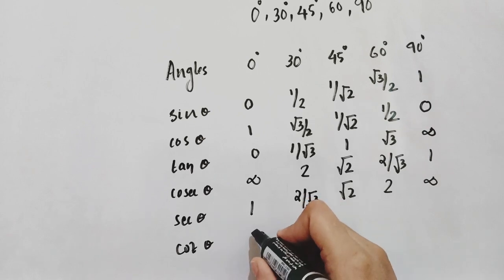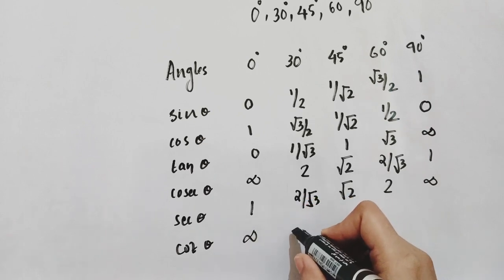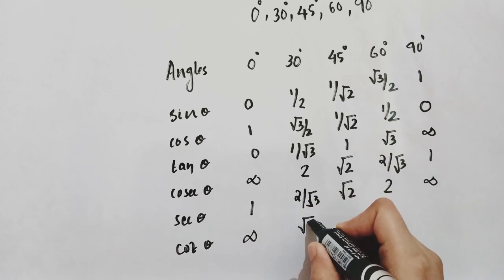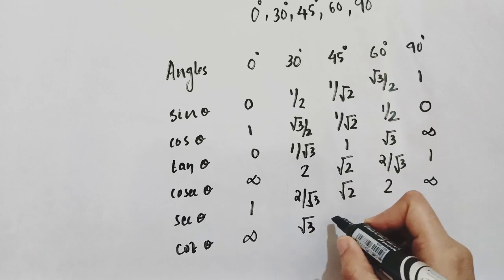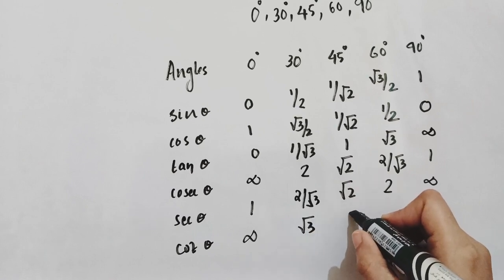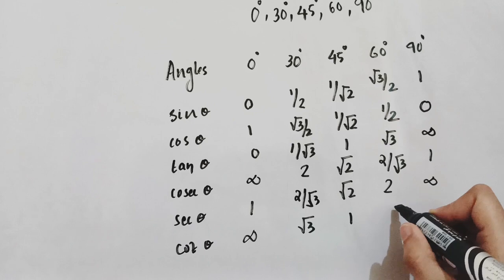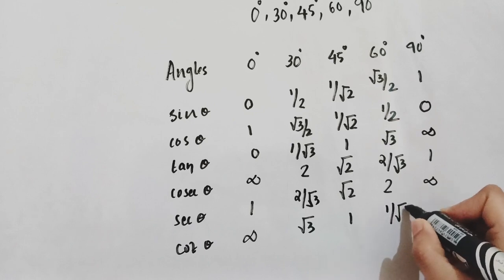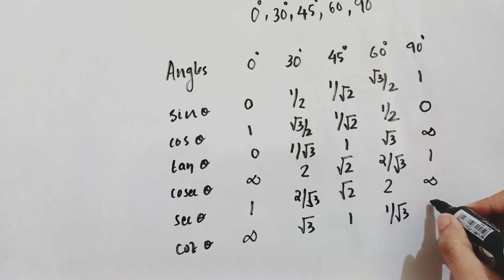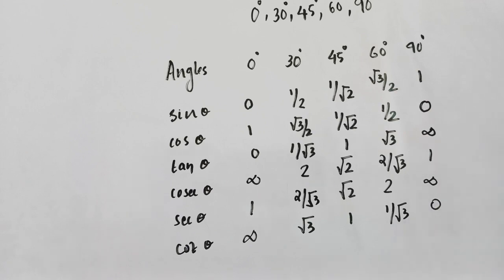Then cot 0 is infinity, cot 30 is root 3, cot 45 is 1, cot 60 is 1 by root 3 and cot 90 is 0. Okay, we have to study these values by heart for using in problems.